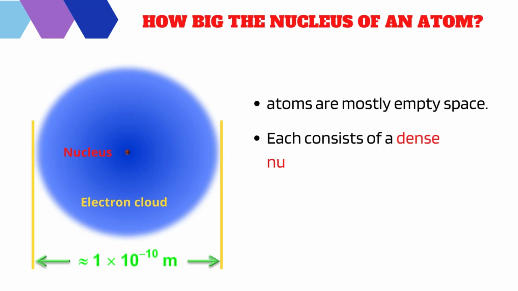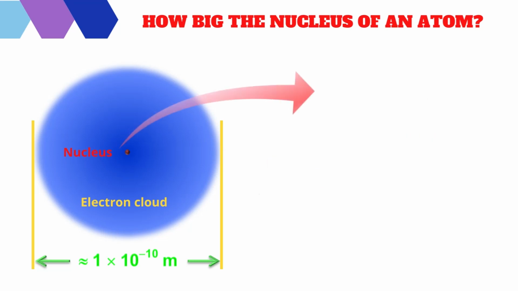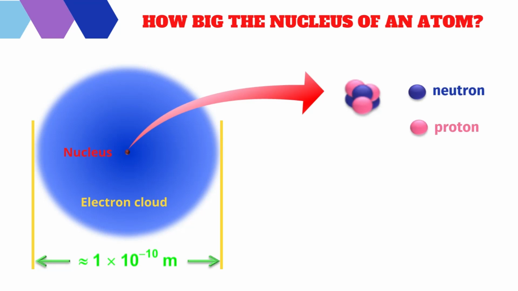Each consists of a dense nucleus and a cloud of particles called electrons that whiz around it. Now see how big the nucleus is. As mentioned earlier, a nucleus comprises protons and neutrons.